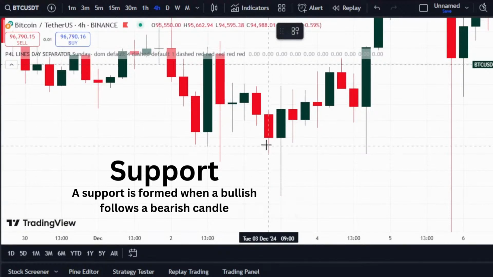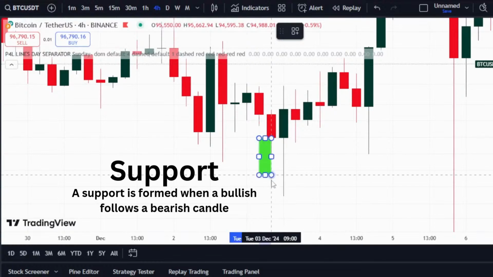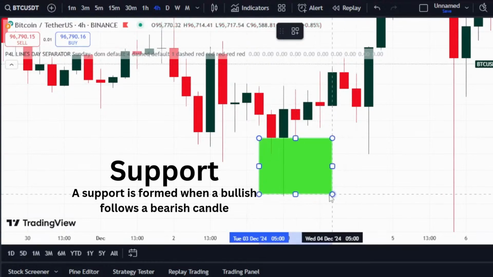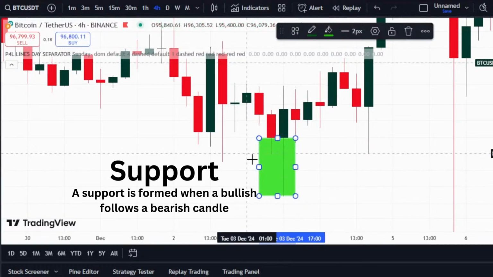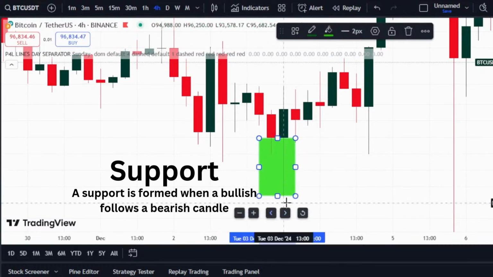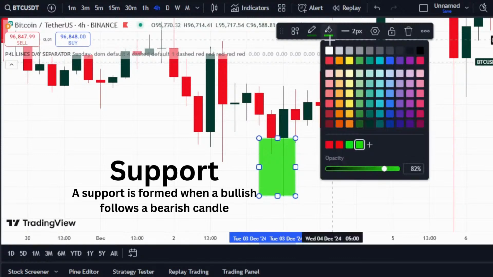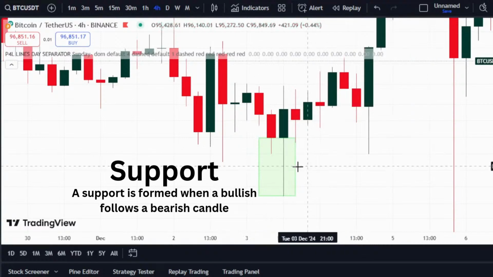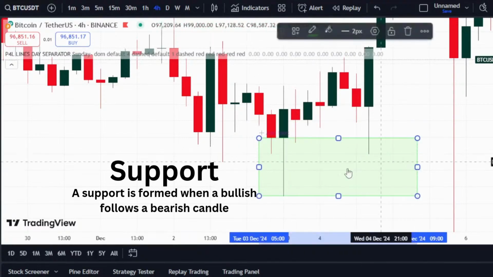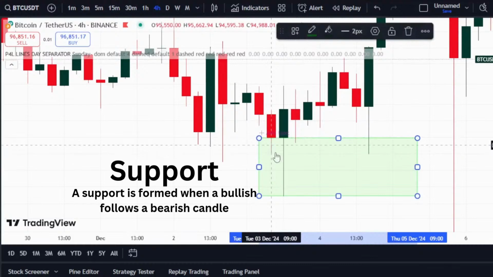So the whole of this place, the wick is inclusive. Very, very important, you have to take note of that. The wick of both of them are included. So if we move it down like this, all of this place is support.